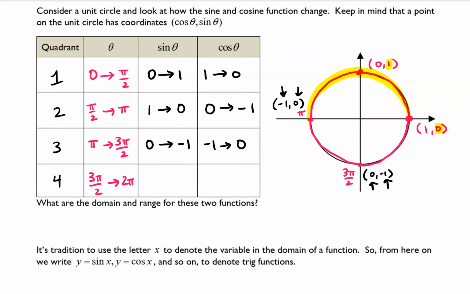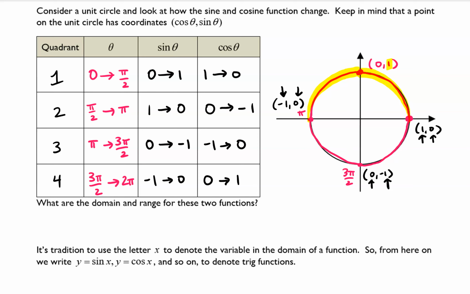And lastly, let's talk about quadrant 4. If we go all the way to 2 pi, that ends us back at 1, 0. So the sine value is starting off at -1 and going back to 0, and the cosine value is starting at 0 and going towards 1.